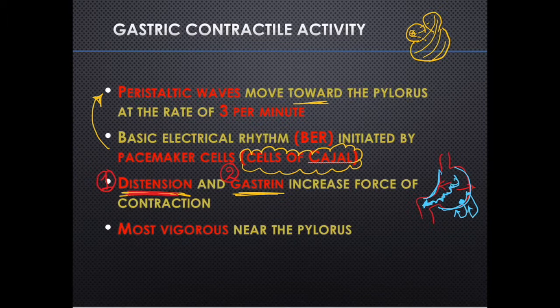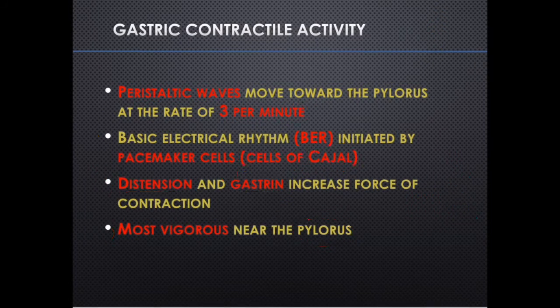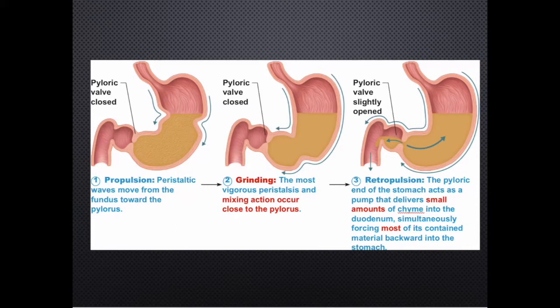Most vigorous contractions will be taking place towards the pylorus. If we're looking here at the contraction waves taking place in the stomach, we can see that I have a propulsion movement. So the food is going to be moving down like this.